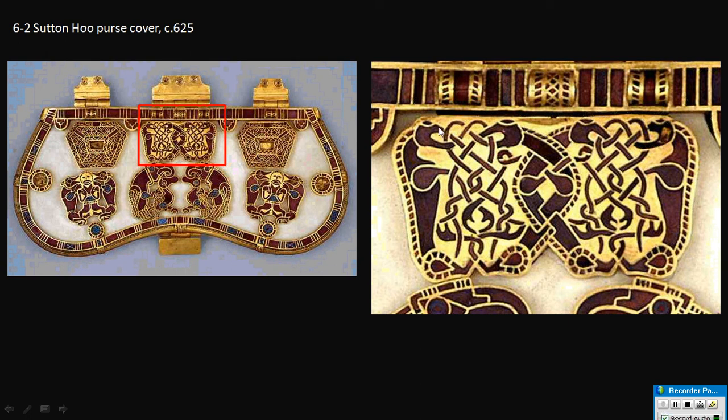Here's the mouth with a snout that ends up running over here, echoed by one on the opposite side with the same design. So 2 pairs of interlacing animals forming this incredibly intricate design. And again, this is typical of the style for early Anglo-Saxon or insular England.